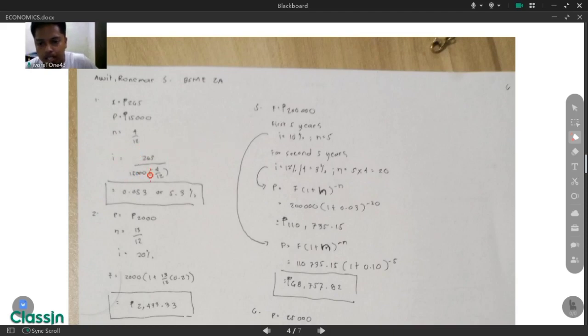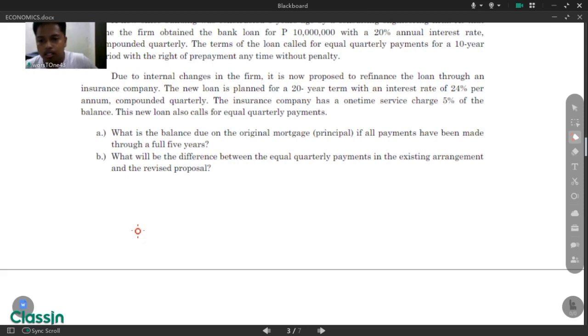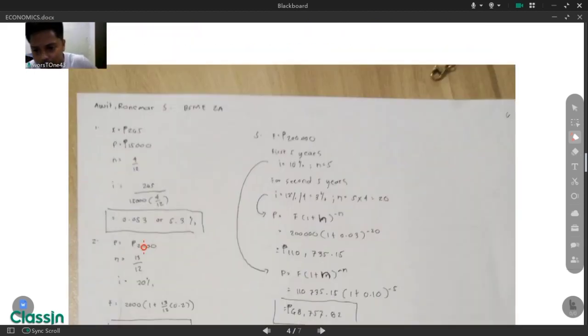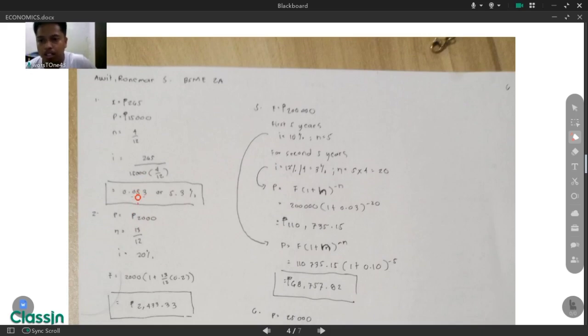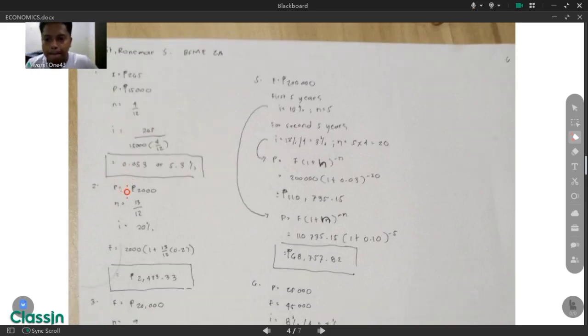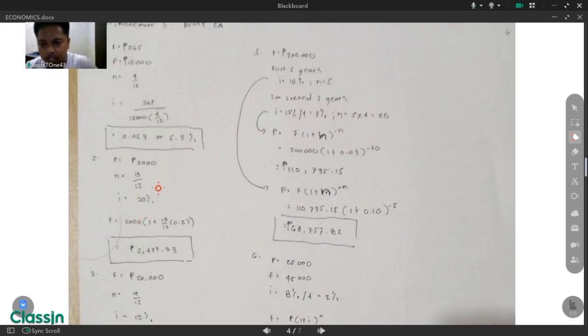Divide all by P and N, which results in the formula i equals I over Pn, or the interest over principal times time. Multiplying and calculating it, we come up with 0.053, or in percentage form, the interest rate is 5.3%. Proceeding to the next item.